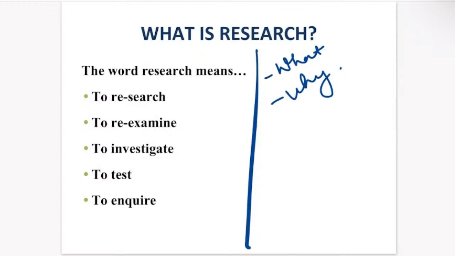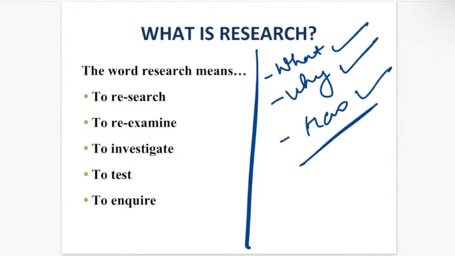If you are doing something that already exists, and there is no use of doing that research, then investing money and time in that topic, in that area, is a waste of time and money. So we need to know what we are doing, why we are doing it, and how we will do it. These are the three questions that are at the center of research.